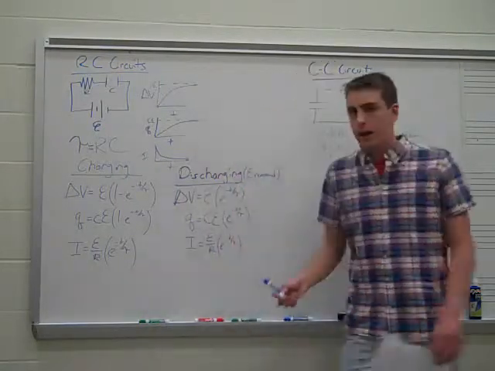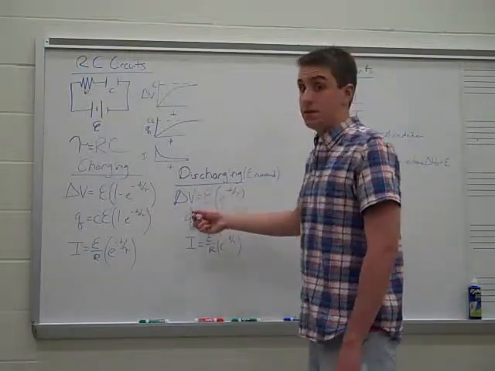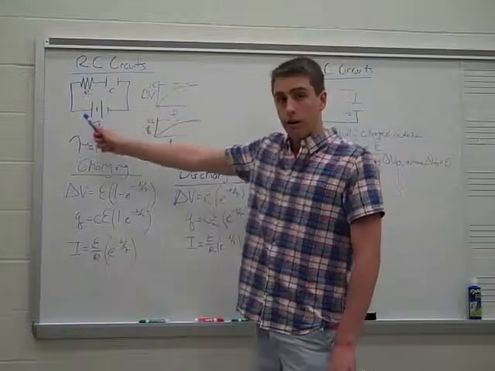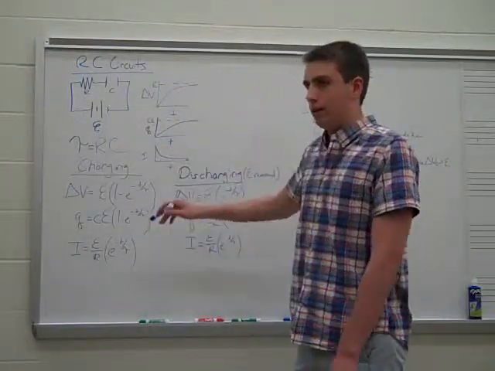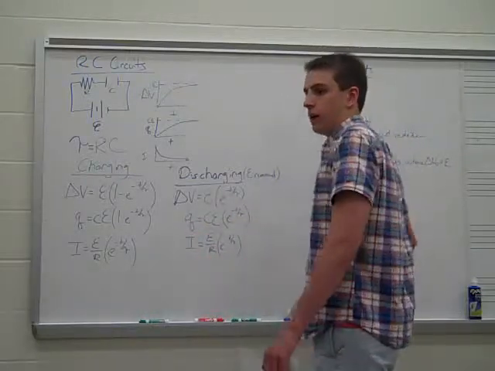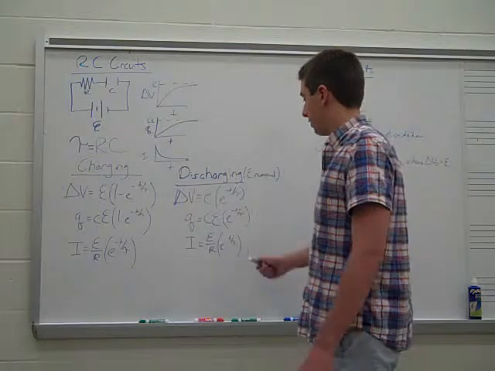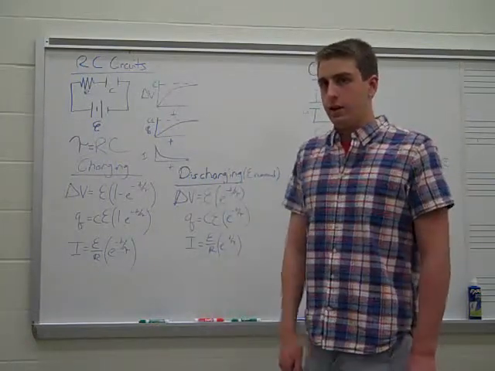And then same thing for current I. It's going to be initially, since the delta V is going to be maximum, and you have an R right there, the same initial current, and it's going to decrease to 0 as t approaches infinity as delta V approaches 0.